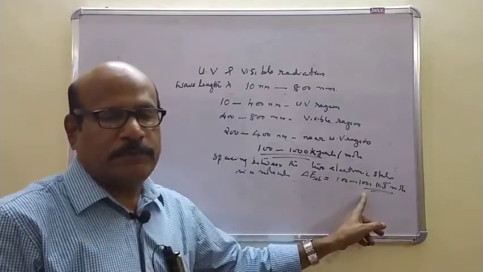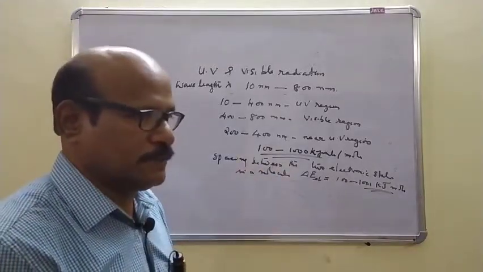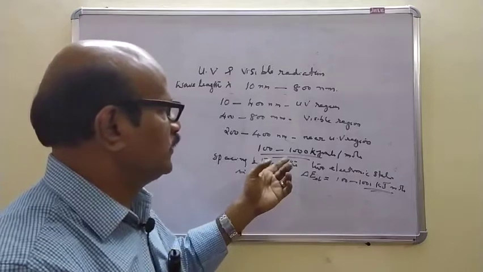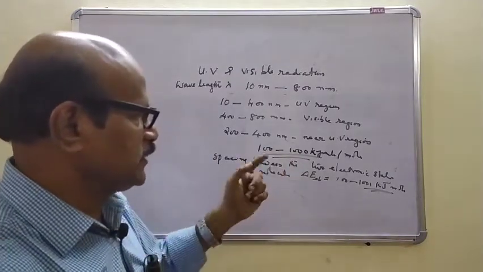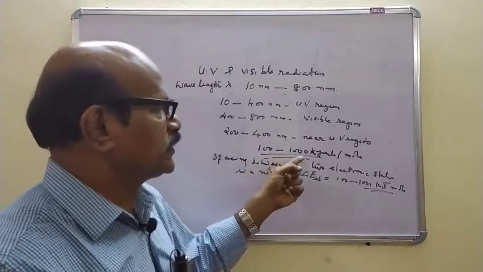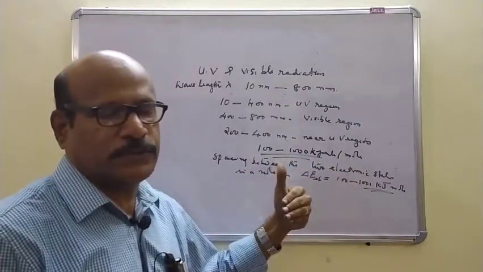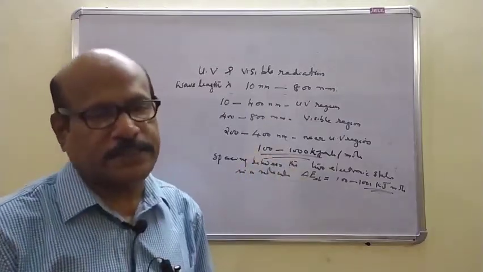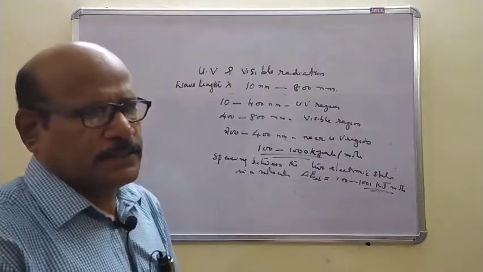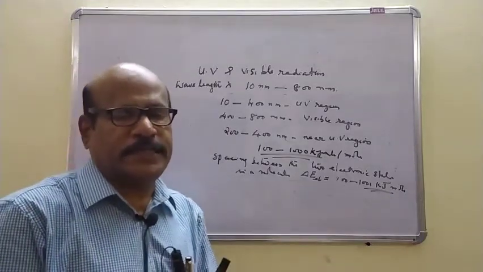The same amount of energy is carried by the UV and visible radiation. The UV radiation carries about 500 to 1000 kilojoule per mole, and below 500 down to 100 kilojoule per mole is carried by visible radiation. So generally, this much energy is carried by UV and visible radiation.